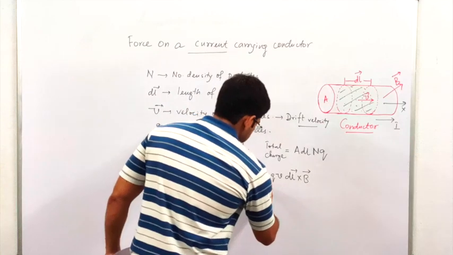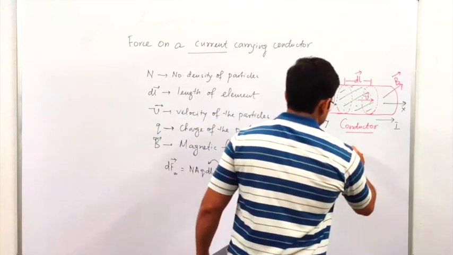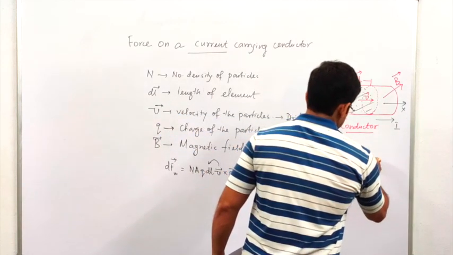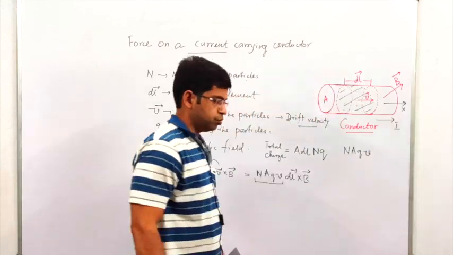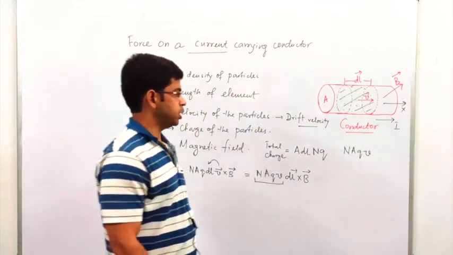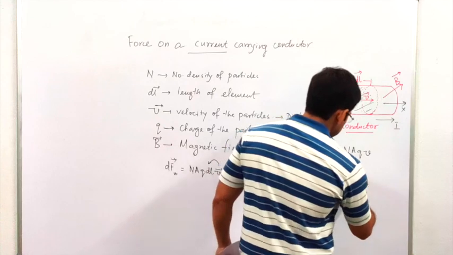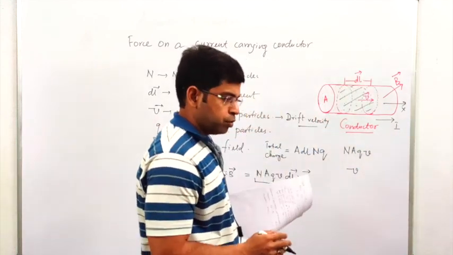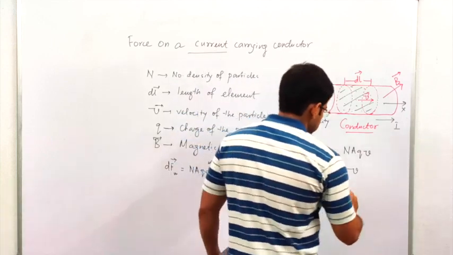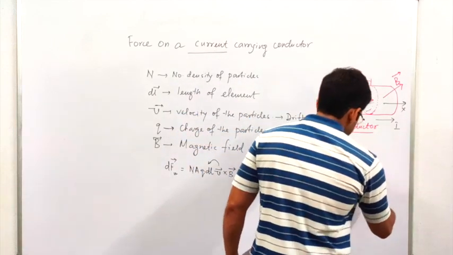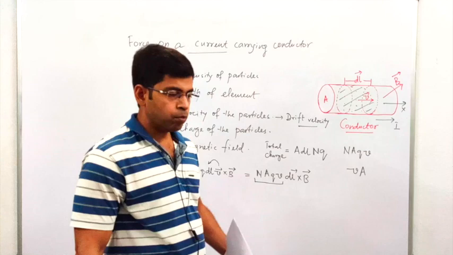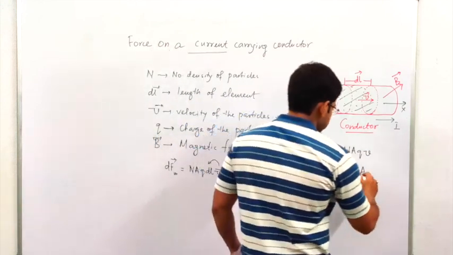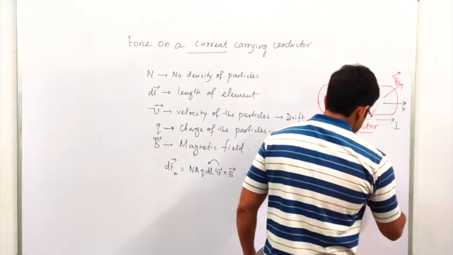Now let us concentrate on the quantity nAqv. Now since v is the velocity of the charged particles, the charged particles move a distance v in 1 second. So the volume traversed by the charged particle in 1 second is v multiplied by A. The number of charged particles in this volume is that multiplied by n.